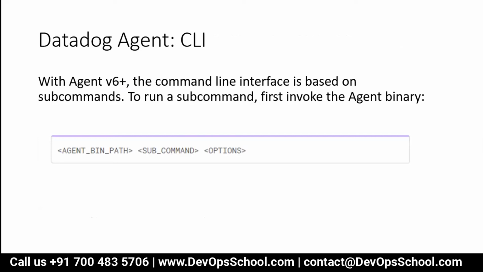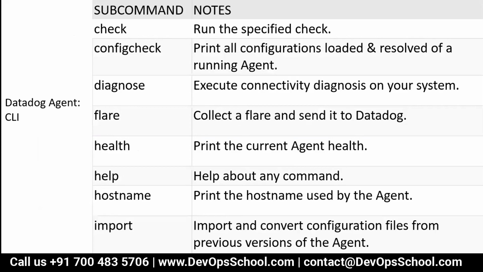So if you want to work with the agent, you have to go to the path where the agent is lying, and there are multiple subcommands, which have multiple capabilities for the agent. These are the commands you will find for the Datadog agent.